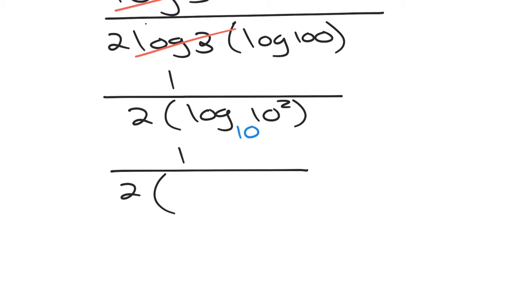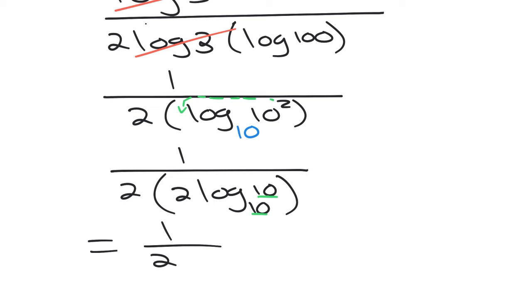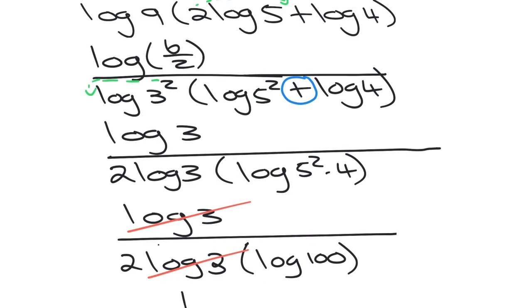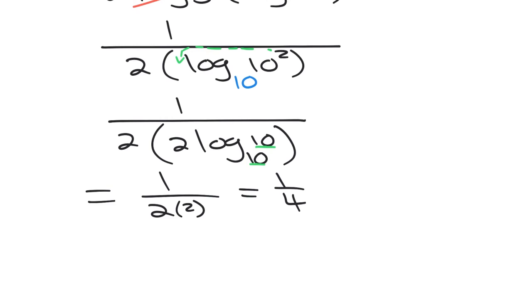Now this 2 is going to hop on right over to the side here. So we're going to have 2 log 10 base 10. And if the number and the base are exactly the same, this entire thing will give you a 1. So log 10 base 10 is just a 1. And so you are just left with 1 over 2 multiplied by 2, which is a quarter. So just applying these log rules here, we are able to evaluate this logarithm.